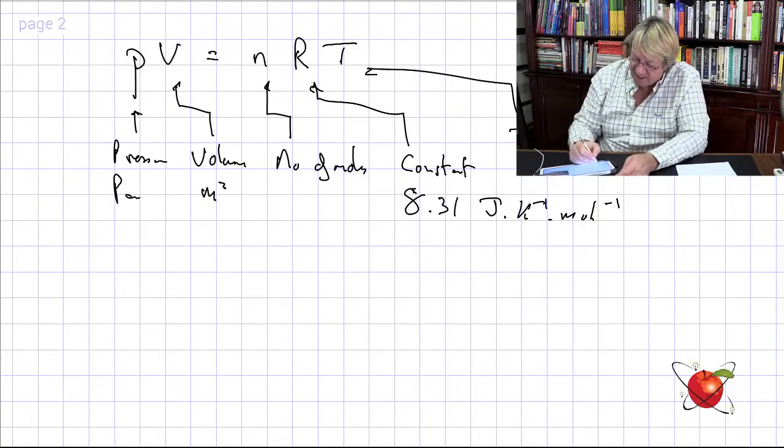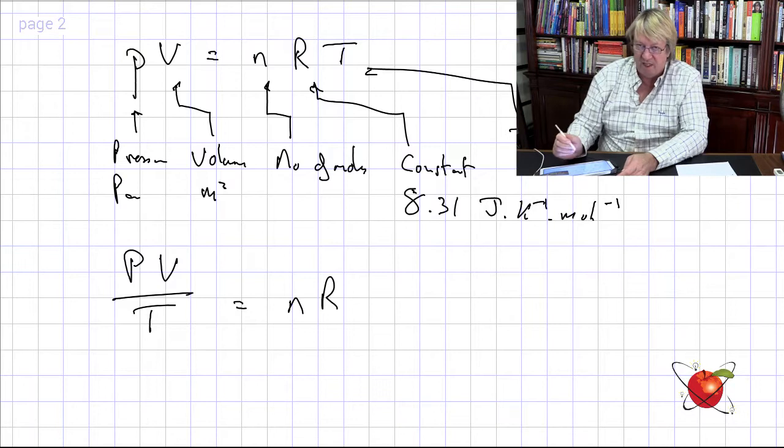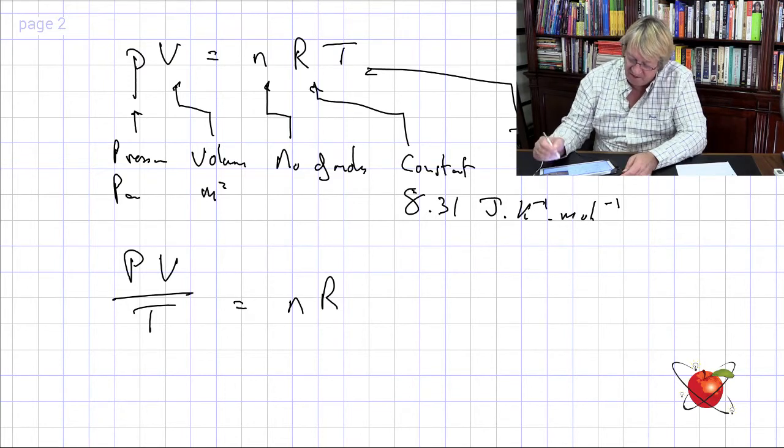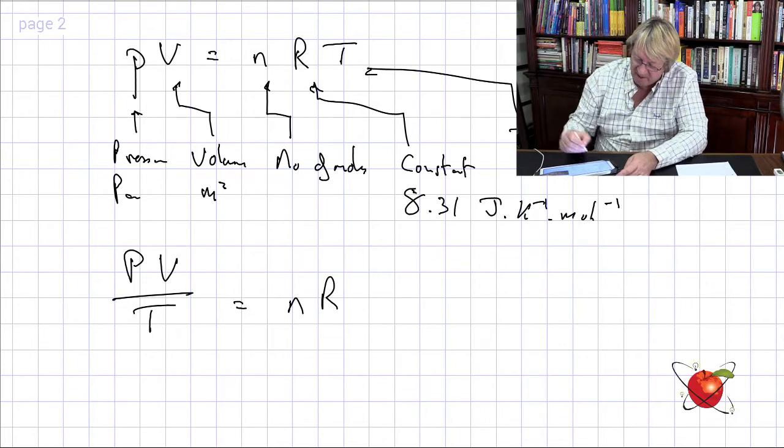Just for those of you who've recognized that if I divide by T, I get PV over T is equal to nR. What does this mean? It means that we also know that volume is proportional to n. So I could divide by n as well.